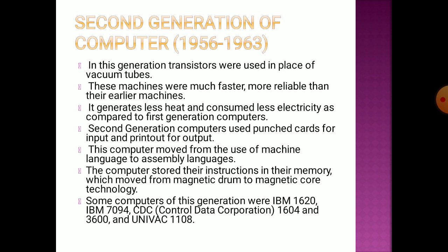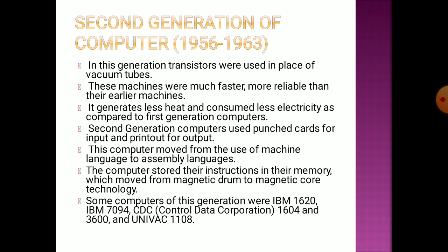The examples of your first generation we had seen are ENIAC, EDVAC, EDSAC and UNIVAC. Similarly, some of the examples of your second generation computers are IBM 1620, IBM 7094, CDC, that is Control Data Corporation 1604, 3600 and UNIVAC 1108. These numbers are nothing but the model numbers or serial numbers.